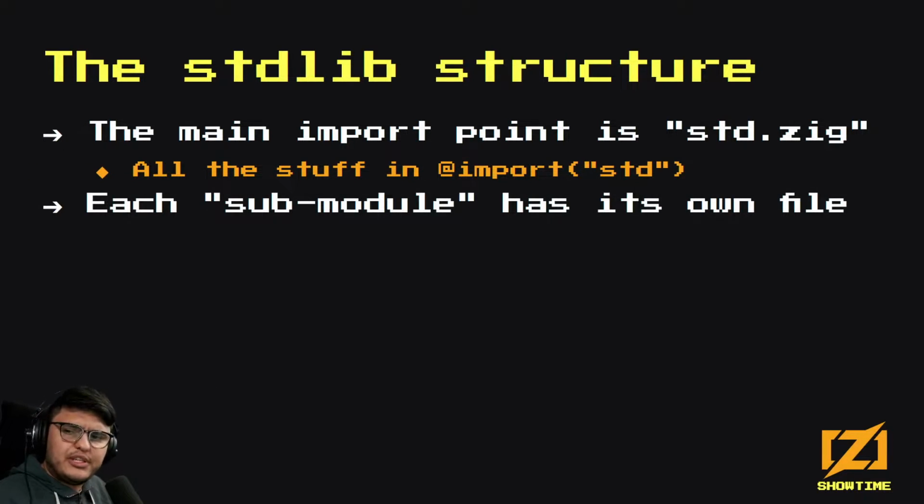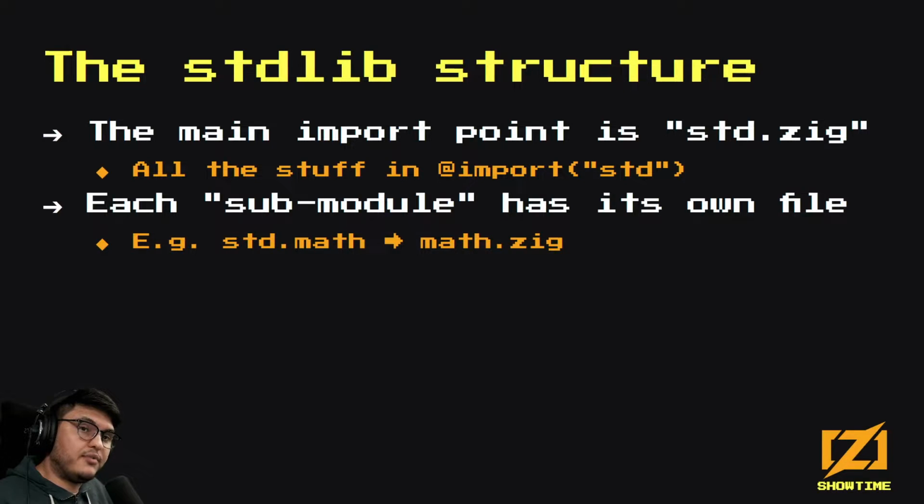Then each submodule, each subpart of the standard library, has its own file. So for example, if you imported std, then you do std.math. This refers to what's inside math.zig. Or more precisely, std.math refers to the public declaration math exported by std.zig, but the content of that namespace is inside math.zig.